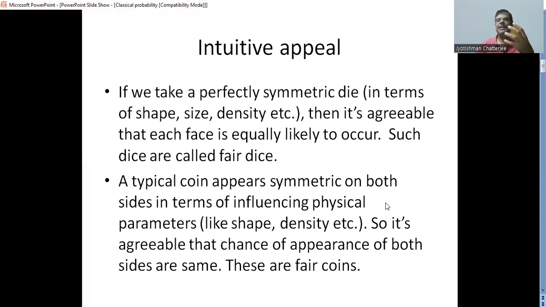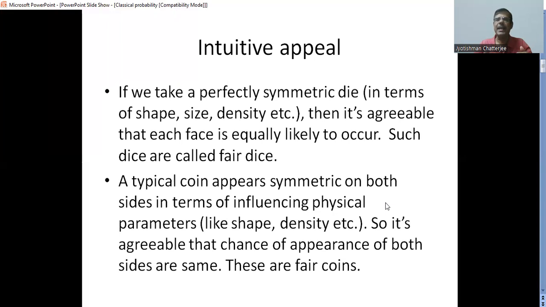Let's consider a symmetric die. What it means is each side, see, a die has got 6 sides. So a symmetric die in terms of shape, size, density, etc., each side is the same as any other side.